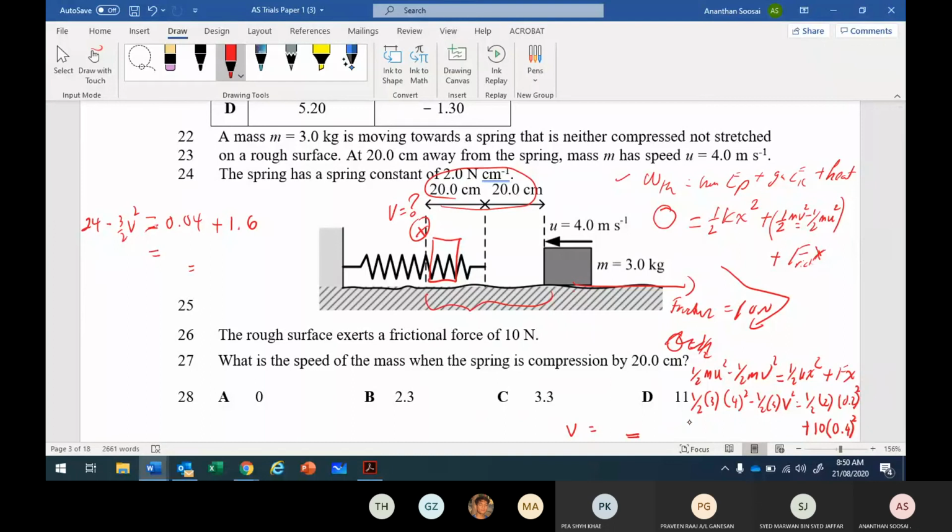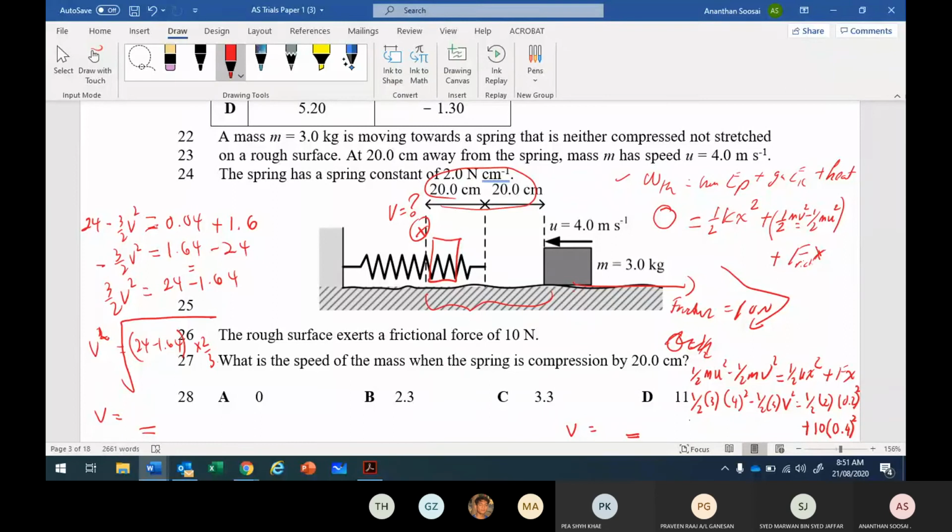So what do you get? 1.64. So it's going to be 24 minus 1.64 equals 3 over 2 v squared, so your v squared will be 24 minus 1.64 times 2 over 3, square root.